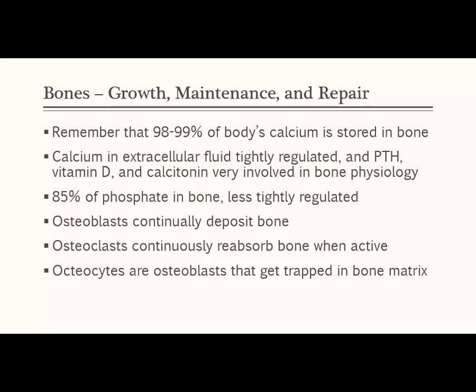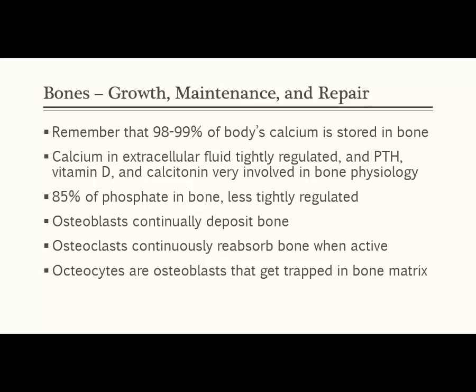There are essentially three kinds of cells important to bone. One of them is a cell that's called an osteoblast. As blast cells are cells that make things, they are reproducing cells. So osteoblasts are constantly depositing bone.